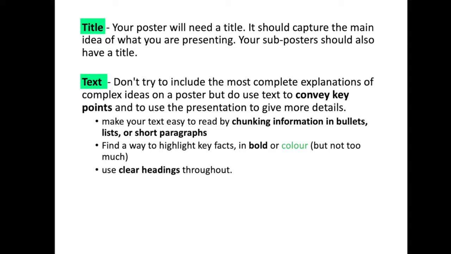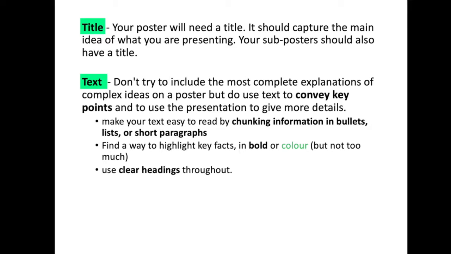Think about chunking the information in the text into smaller bits, for example, using bullet points, lists, or just short paragraphs. And you can also highlight text in different ways by using bold fonts or different colors or underlining things.